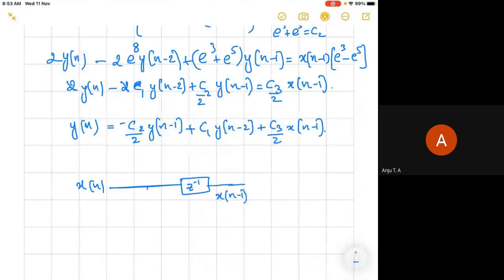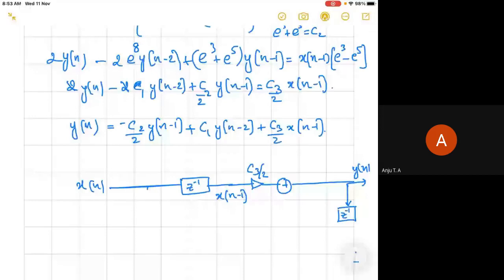Then that is multiplied by c3 by 2. That is added with the previous values of yn. So if this is yn, you take a delayed version of yn, put a delay here, that is yn minus 1.